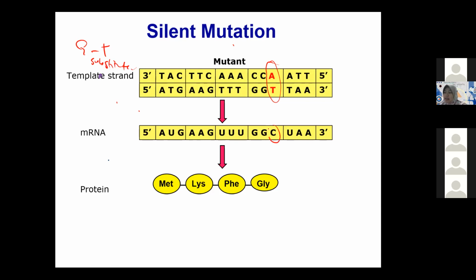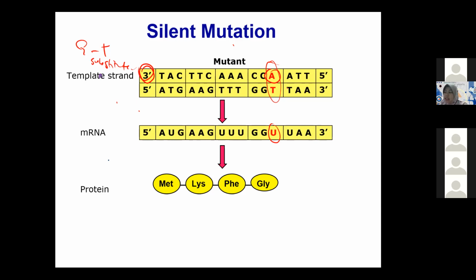Just now it was C. So now it will change into what? Into U. Yes, because remember we have to follow the template strand. So A will be changed into U.